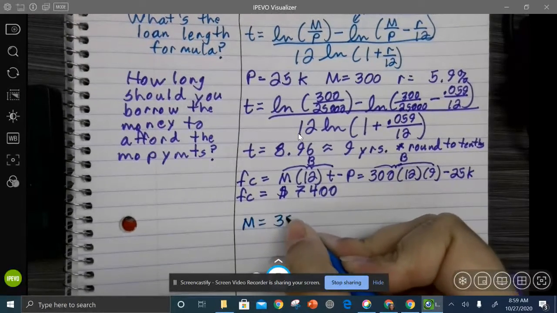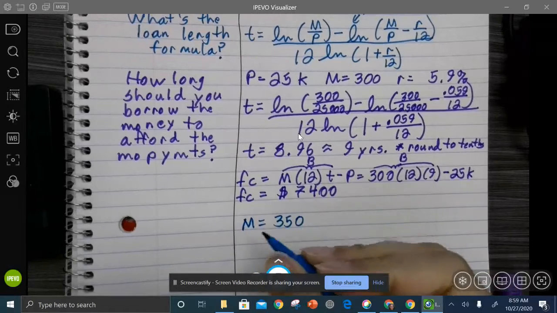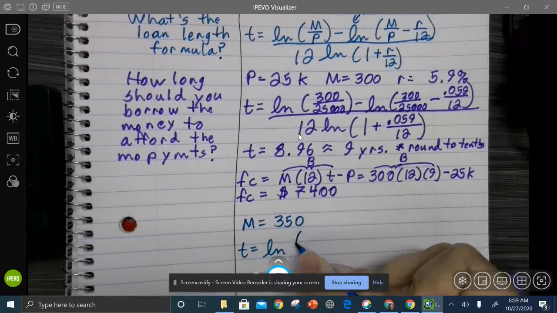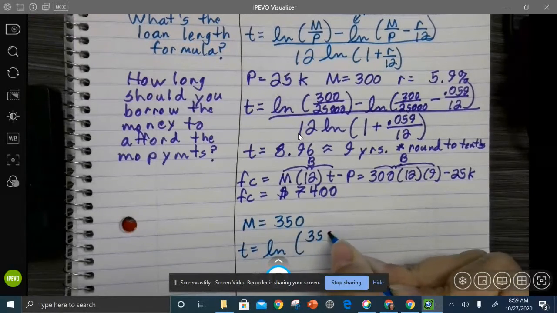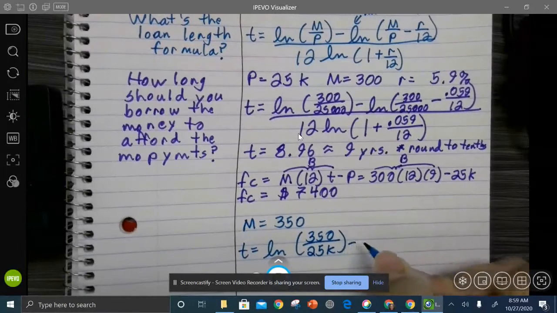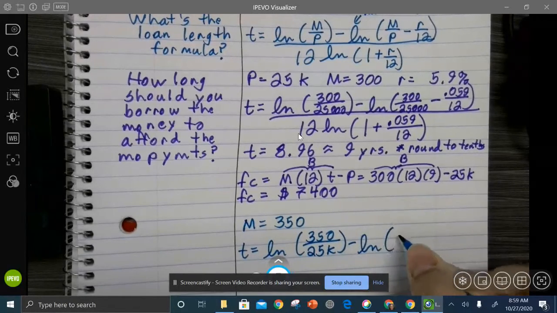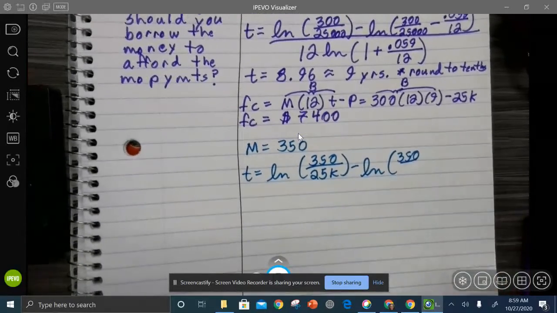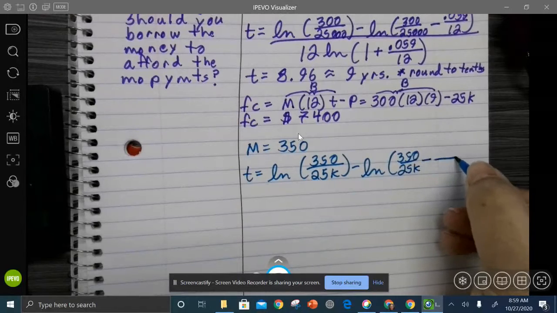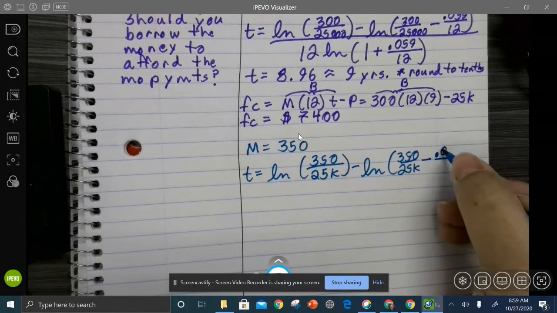Okay. What if we changed it so that we increase the payment, same loan, but we increase the monthly payment by $50. Okay. So the time is now going to be the natural log of 350 divided by 25,000 minus the natural log of 350 divided by 25,000, minus the rate as a decimal, so remember the rate is staying the same.